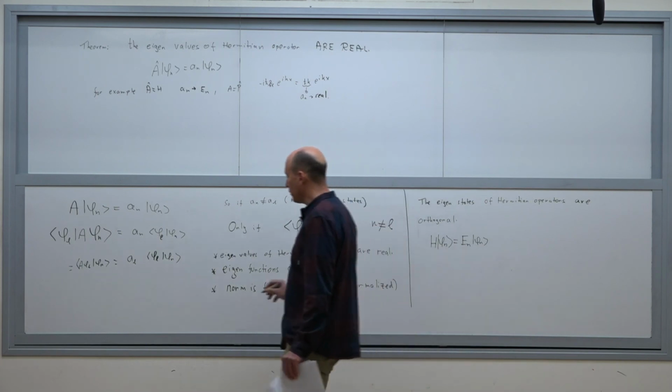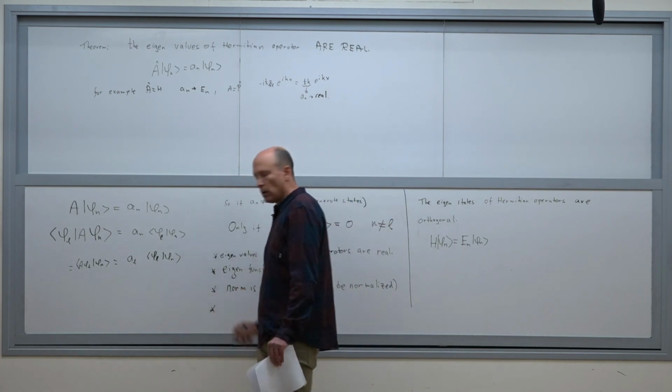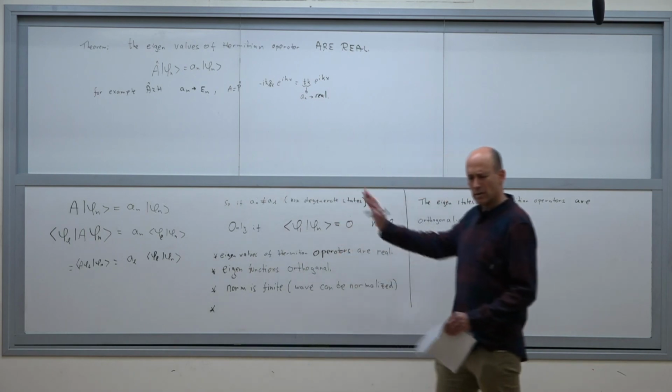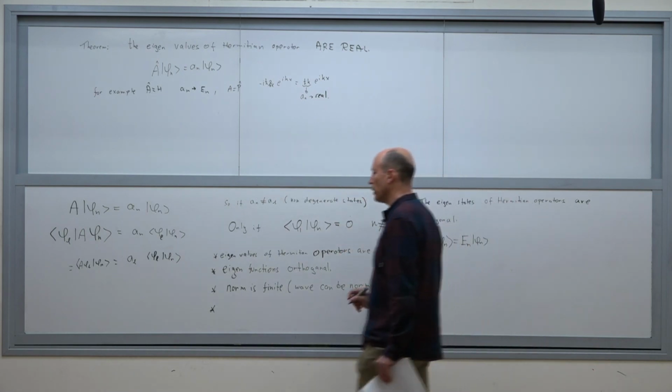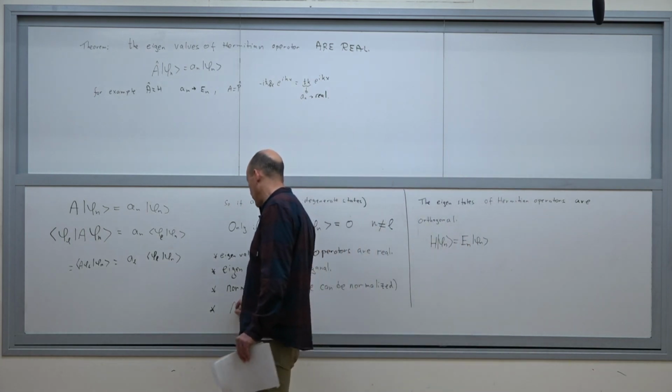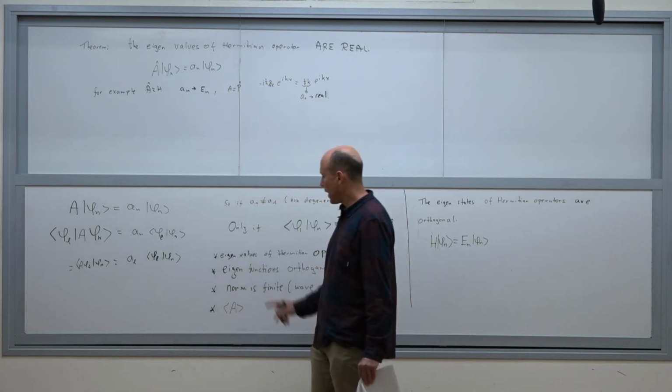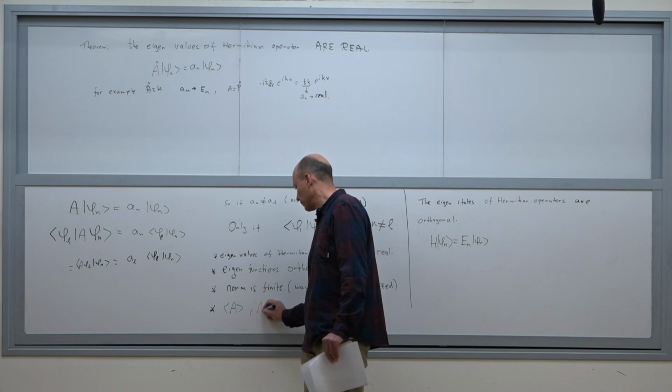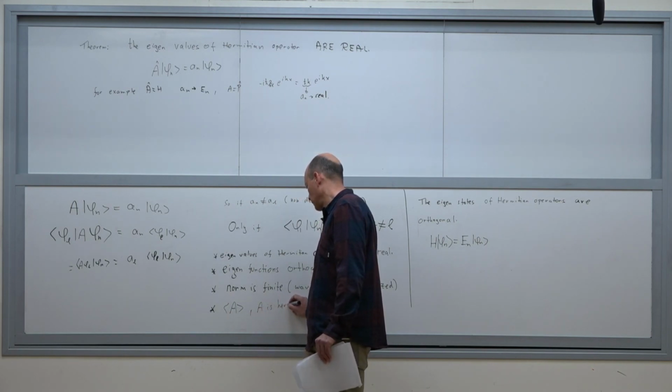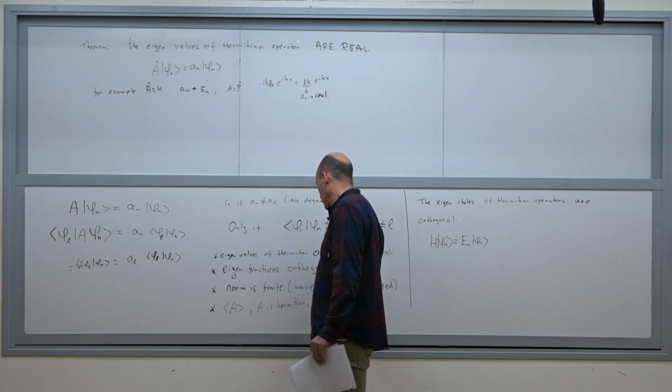In the same way, I'm not showing this, but it's trivial and nearly the same thing, and you can do it by yourself. If I look at the average of A, and A is Hermitian, what is the average of A?